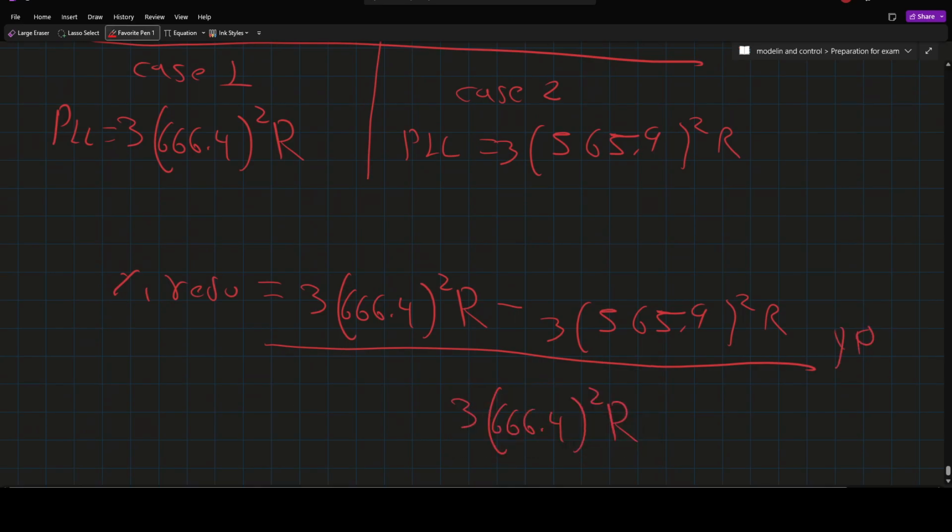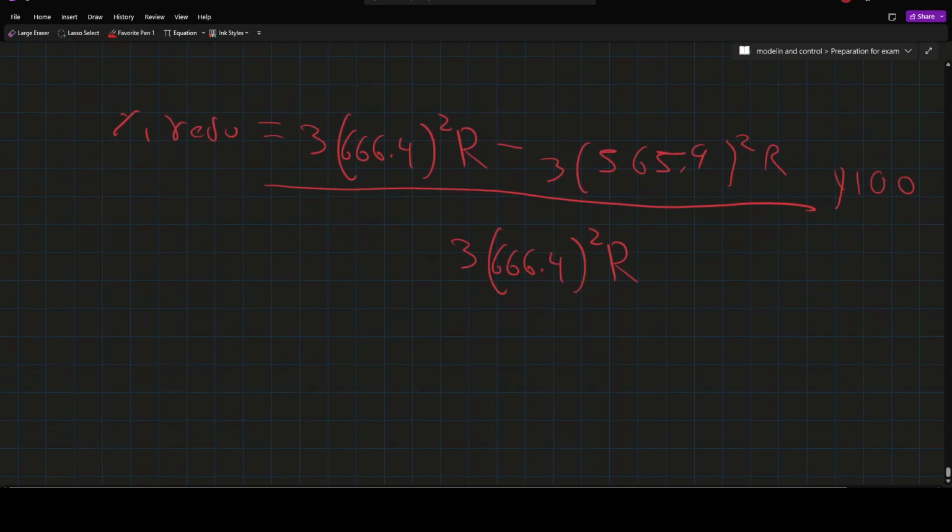So like this we can see what is the percentage that we reduce in the loss in the line.